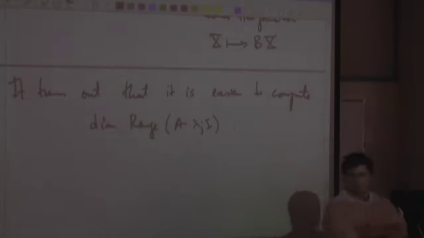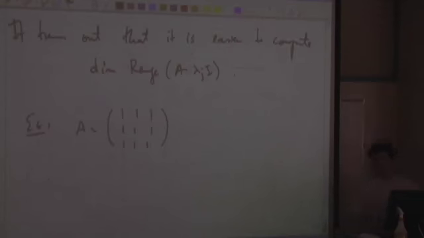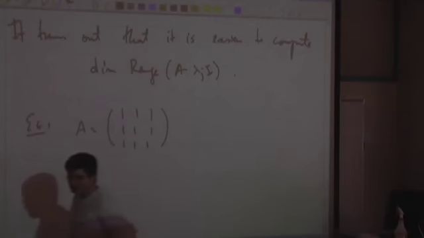What's a column space? Column space is the subspace generated by the columns. Right? So for example, I think one of your homework problems was 3 by 3. I mean, this works for any dimension, but let's just take this for simplicity.